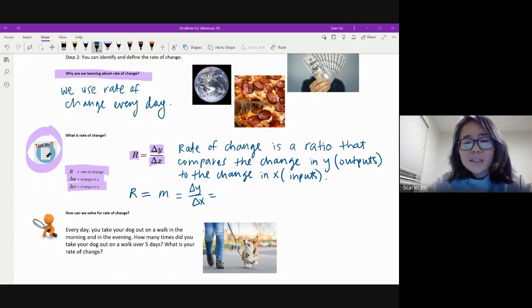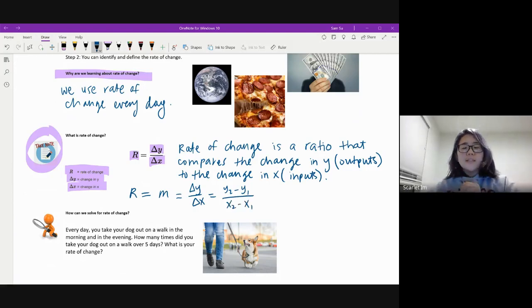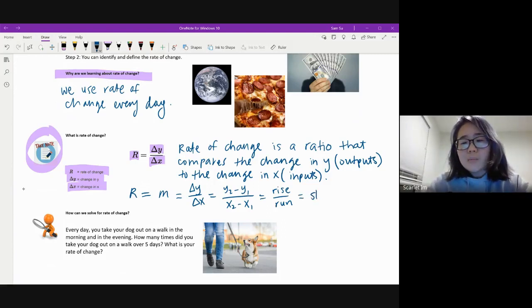But what we can say, it's a difference between two y values. So we want to show the difference, so we're going to say y2 minus y1 over x2 minus x1. So this is basically saying there's just a difference between the y values divided by the difference between the x values. Another way to represent rate of change is rise over run. And we'll learn that when we look at the graph and in later steps. And then last but not least, we can also think of it as slope.